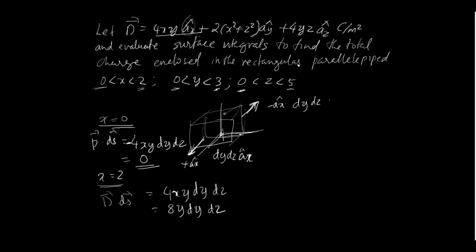Similarly, we have to calculate the components of y. What are y's limits? y equal to 0 and y equal to 3. These are the two surfaces. Y equal to 0 is this surface and y equal to 3 is this surface. So the surfaces enclosing this will be here.